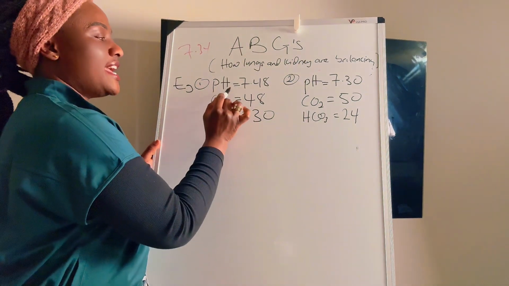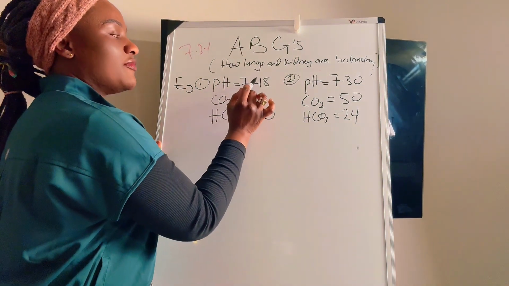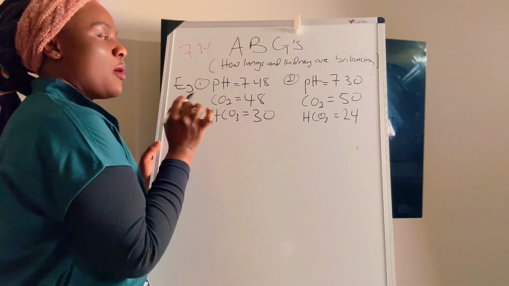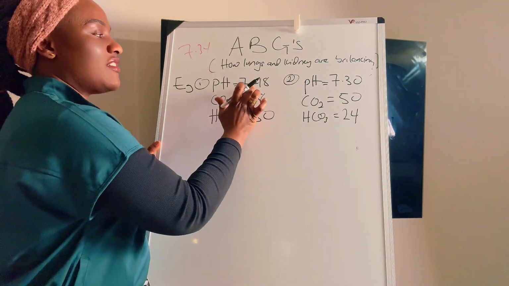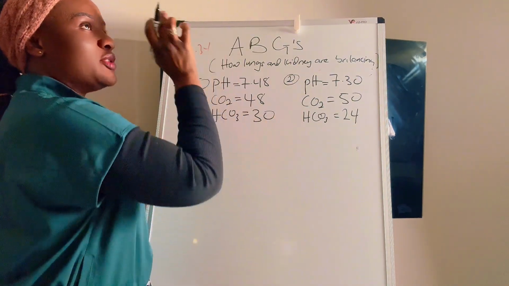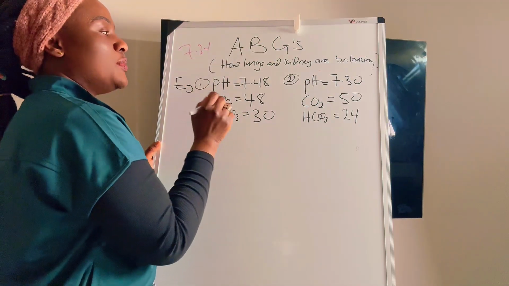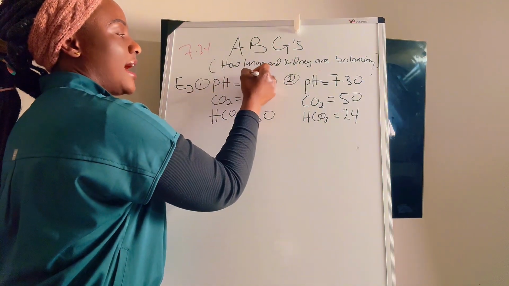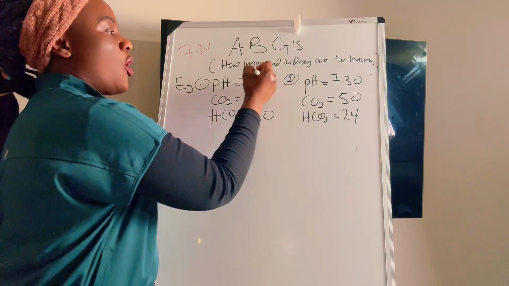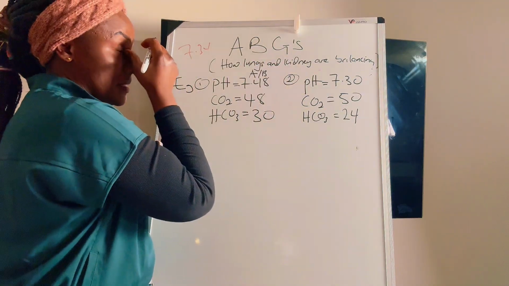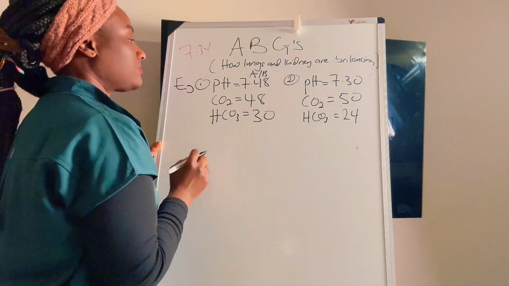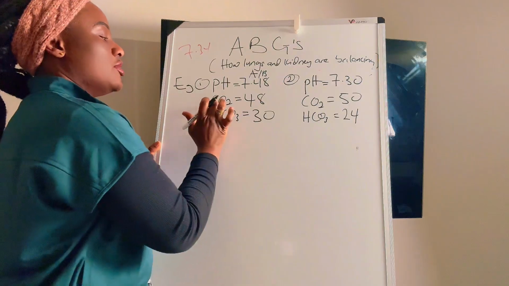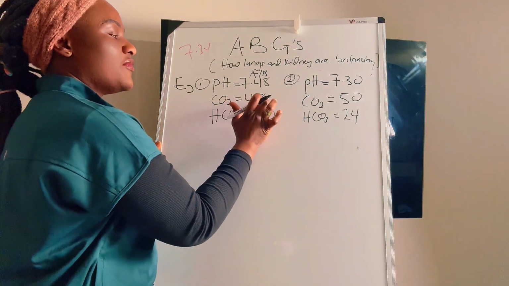We have a pH of 7.48. Now, what is it telling you? A pH of 7.48, remember, if we are doing ABG, is going to be what? Alkaline, right? Or basic. Now, your CO2, which is 48.